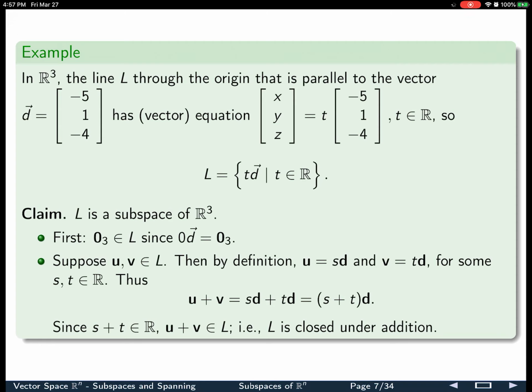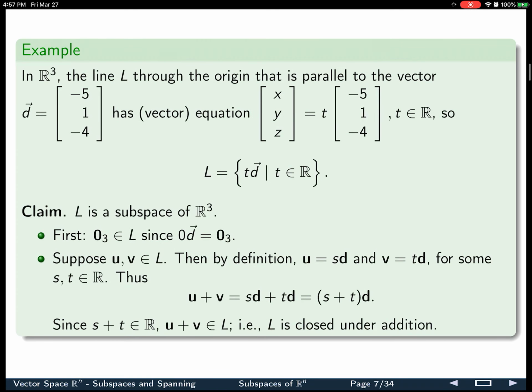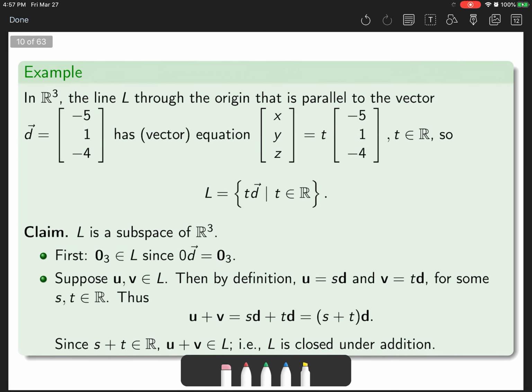Here we are in R3 again. This is just an example of a line that goes through the origin. And here we show that indeed the line contains the zero vector and is closed under vector addition.